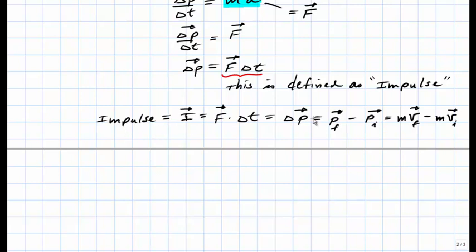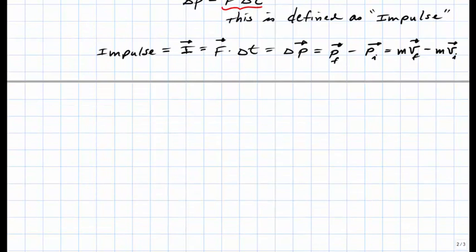Now this is a very, very extended relationship. What I'd like to do is reduce it down to two usable forms. And so the first form for impulse is specified right here. Force times change in time. The second form for impulse is shown on the end of this relationship.